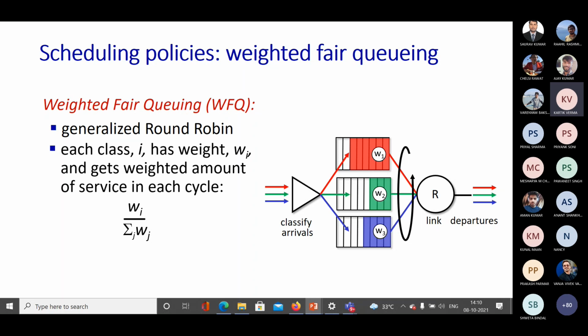But think from the perspective of the user, and even the ISP. First think from the perspective of the ISP, where the ISP has to provide better performance for those customers who have paid a large amount of money to them.